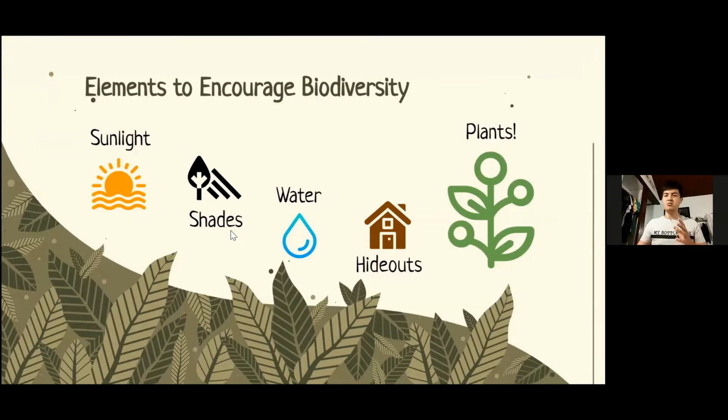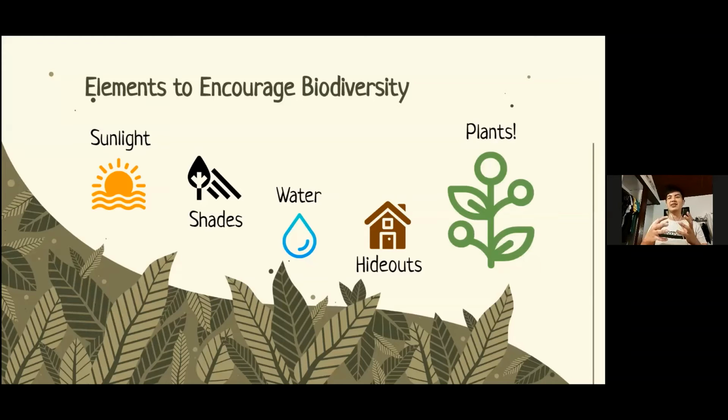So if you have more plants, and more different species of plants, you will get a lot of different animals. These animals will create an interaction with your plant.